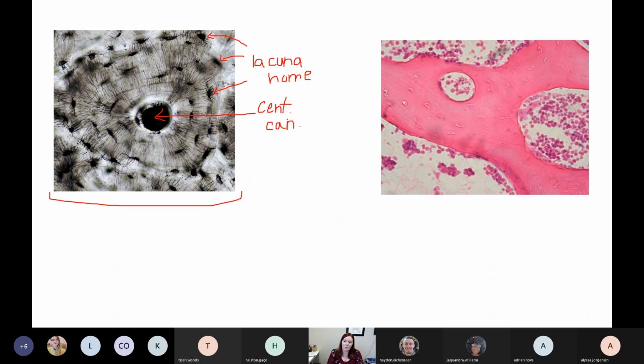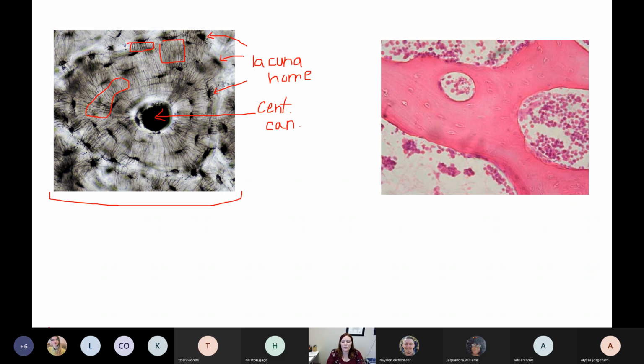The other thing we can see when we look up close at this tissue are all of these little wiggly lines that kind of look like spider webs. All of these little spider webs that we see all over the place, these are things called canaliculi. I'm gonna type that because I'm not gonna be able to write it. Canaliculi, little central canals, if you will.